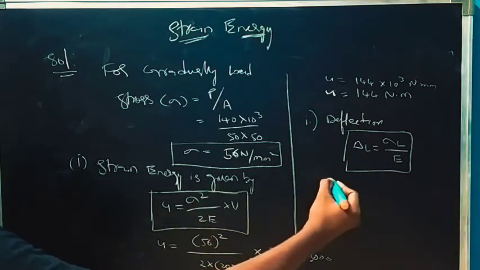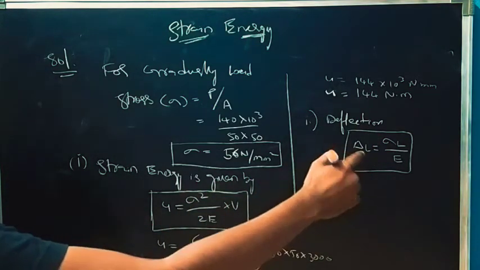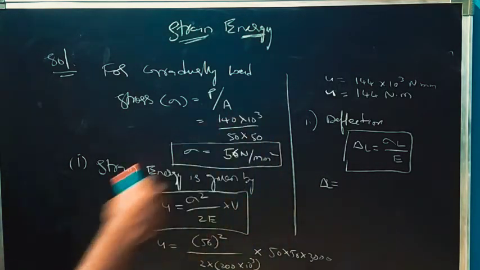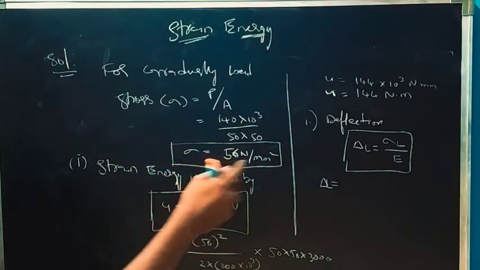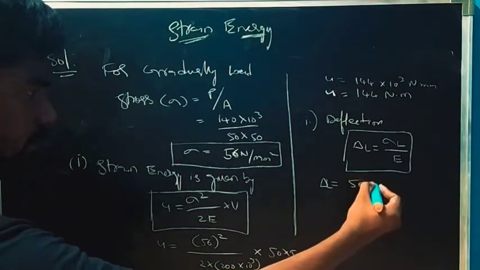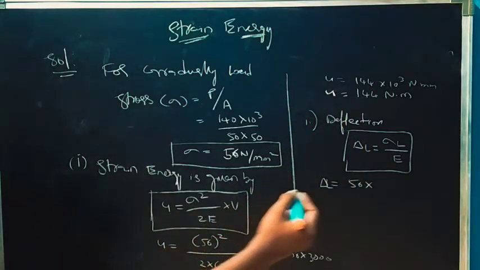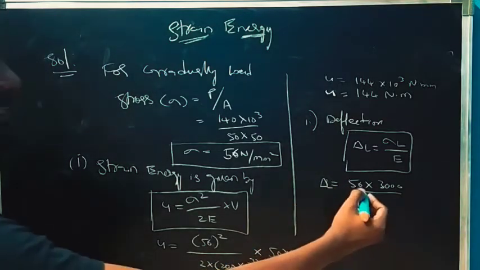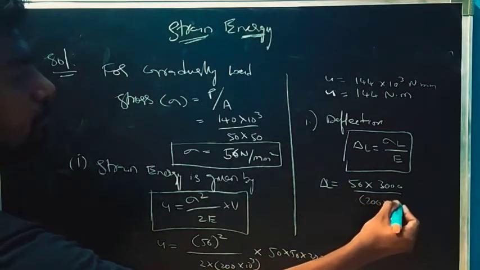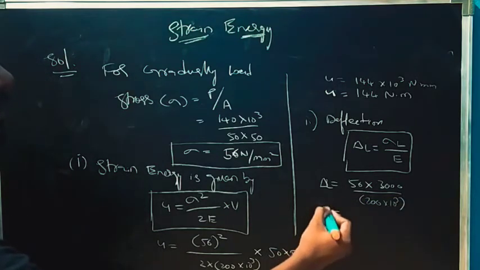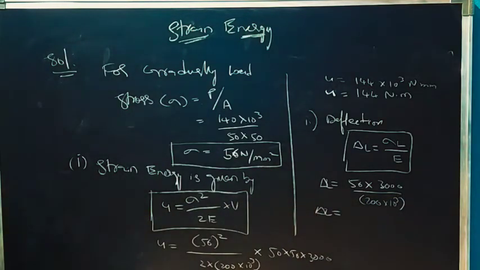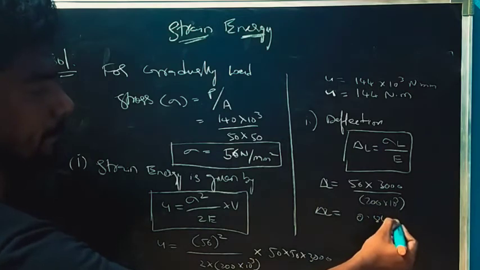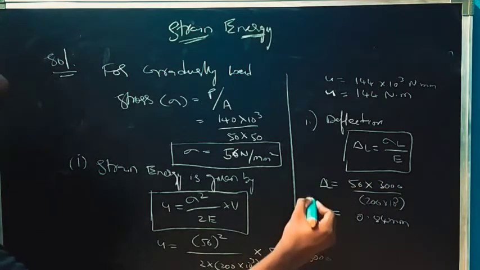Put the values here: delta L equals sigma, that is 56, into L. The length is 3000 mm, and E is 200 into 10 to the power of 3. So now we get the change in length, that is 0.84 mm.